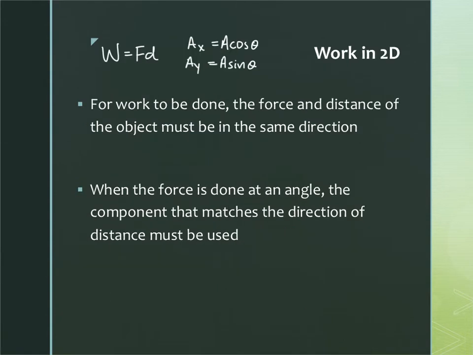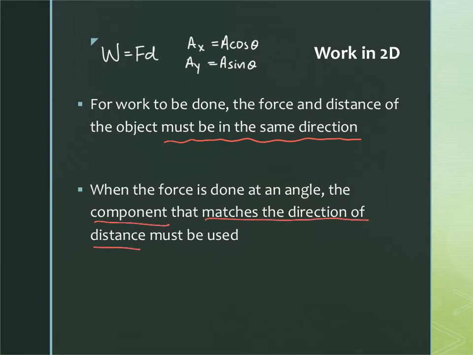Now, what happens when you have work done in two dimensions, when you have work done at an angle? Again, the main criteria is that these two things must be in the same direction. If it's at an angle, it has both horizontal and vertical parts to it. So you have to use the component that matches the direction of the distance.